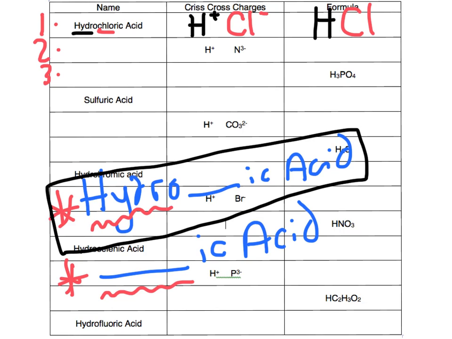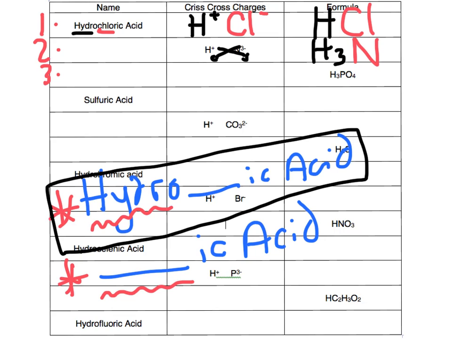Now we can do this, starting with crisscrossing instead. So look at number 2. I have H+ and I have N3-. So my 1 would move here, my 3 would move there. So I would have H3N, like that. Now how would I go about naming that?